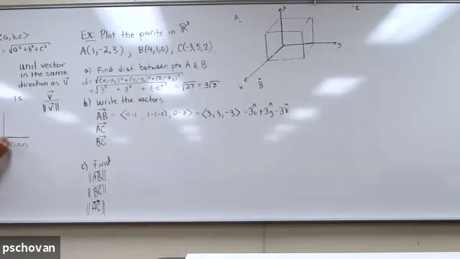The j basis vector has as its components 0, 1, 0. And then k is up here, and it looks like 0, 0, 1. Those 3 vectors form a basis for all the vectors in R3, which means every R3 vector can be written as a linear combination of i, j, and k.